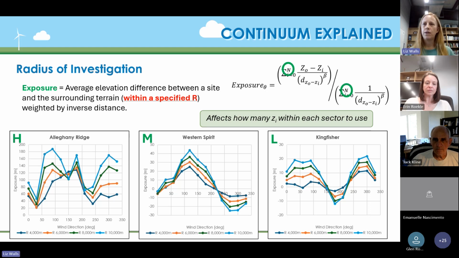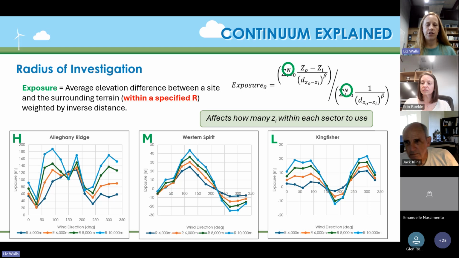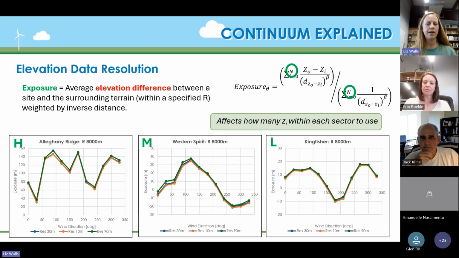And then lastly, we have the low complexity site, Kingfisher, and similar observations. Trends are generally consistent using different radii, but the magnitudes are higher when you use a larger radius of investigation to calculate the exposure.